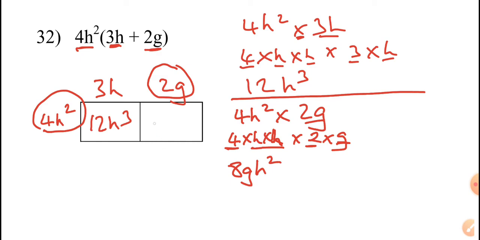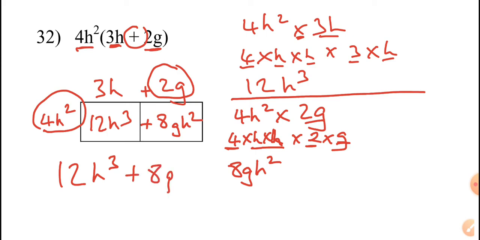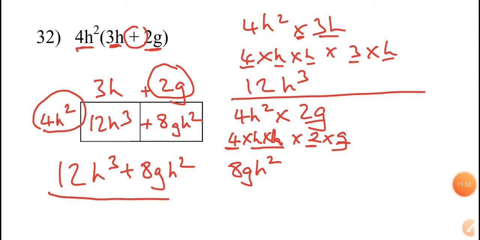So we copy that down, and remember it's positive, so 8gh squared. Why is it positive? Because it was positive here. So the final answer is 12h cubed plus 8gh squared. So this is the final answer.